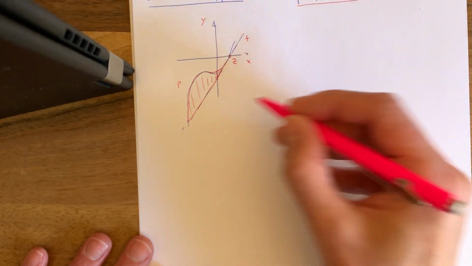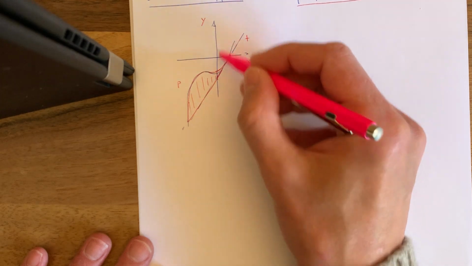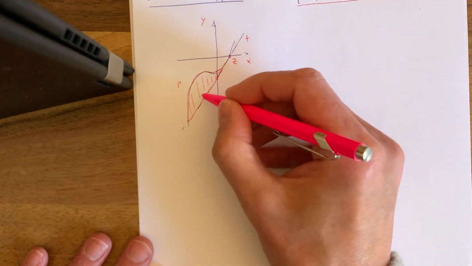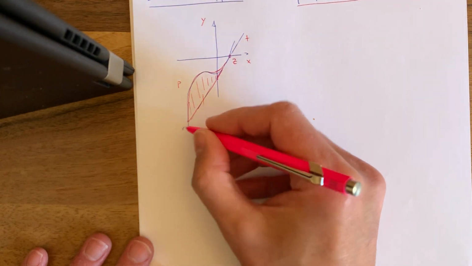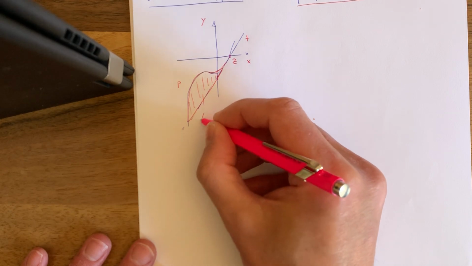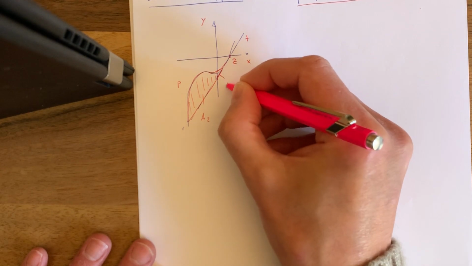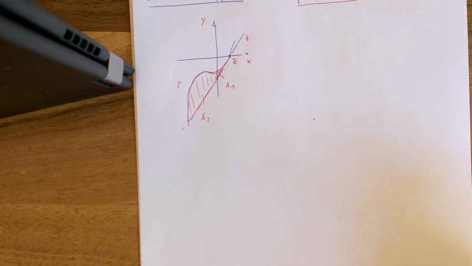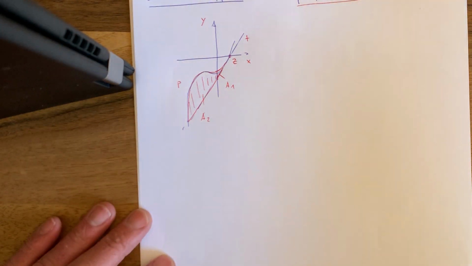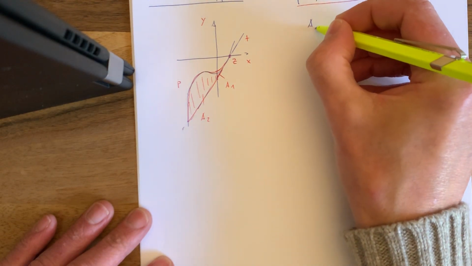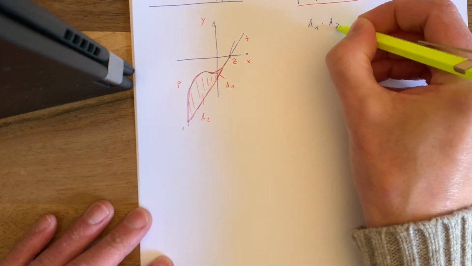If you see here, this area is divided by the y-axis into two parts. So let's maybe say this here is A2 and this here is A1. These are the two parts of that area. And our problem is to find the ratio of the two areas. So we want to know the ratio A1 to A2.